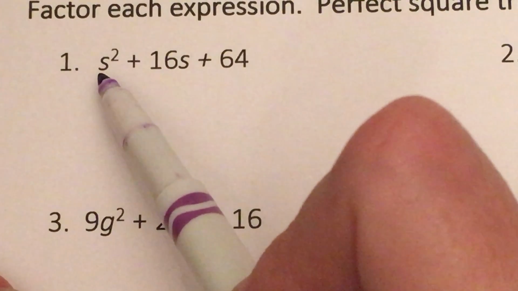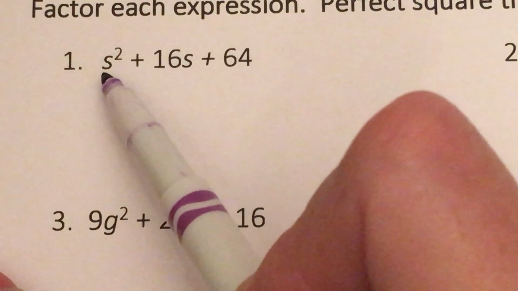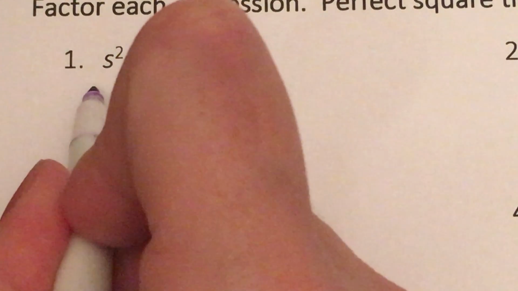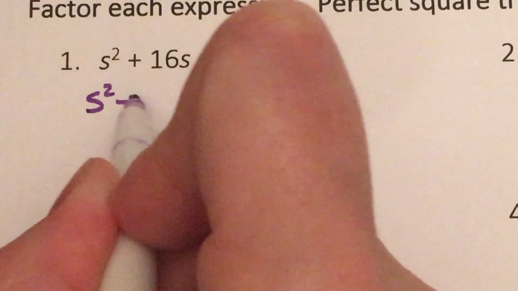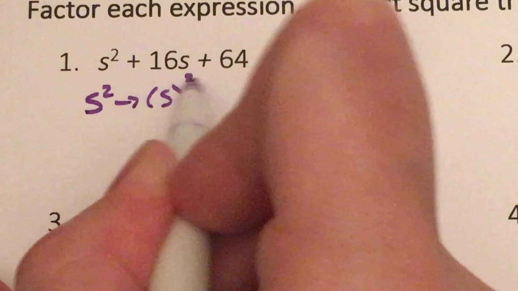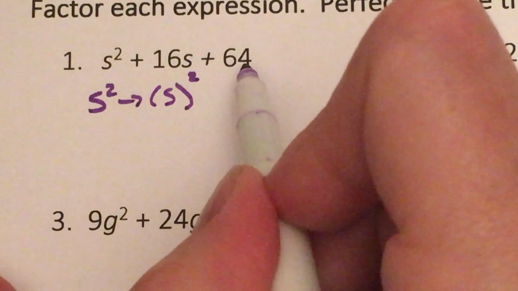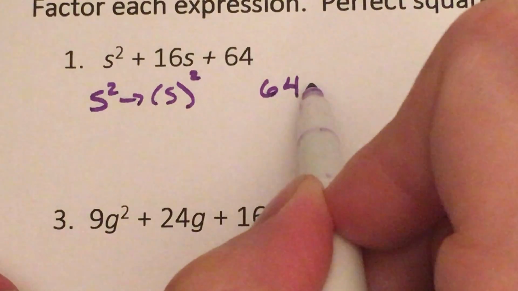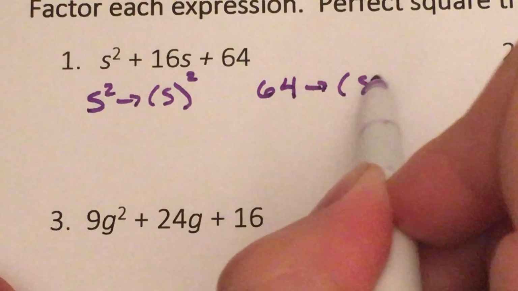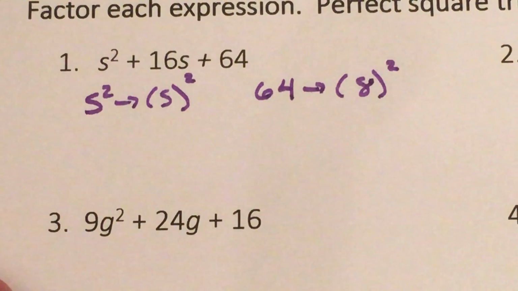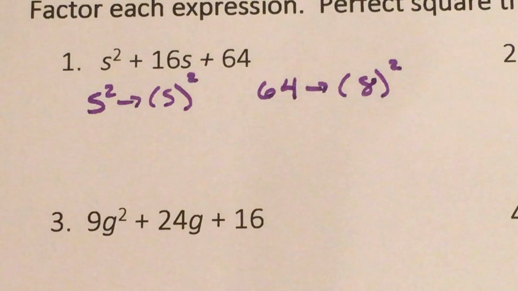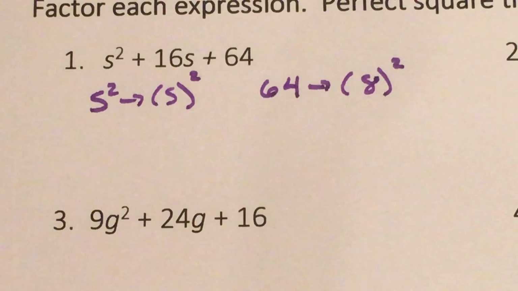Is the first term a perfect square? Yes, s squared comes from s squared. And 64 comes from 8 squared. Okay, so they're both perfect squares.